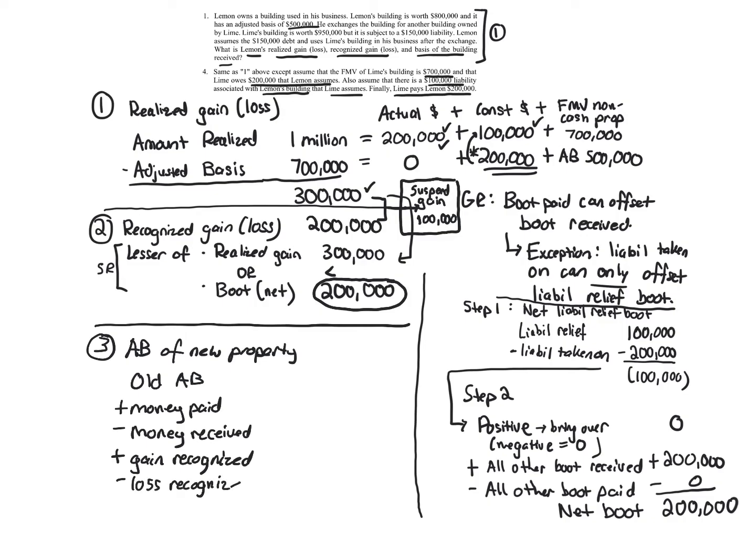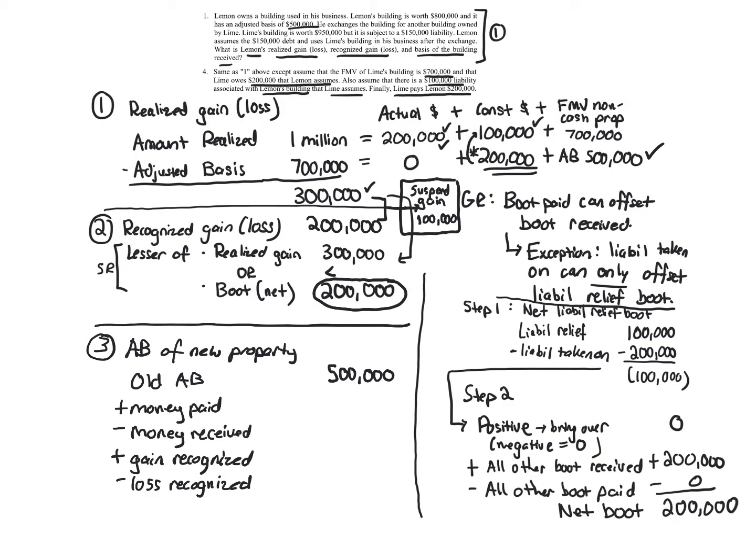So let's go through this. The old adjusted basis given to us in the problem, also right here, is $500,000. That is the old basis in the property given up.